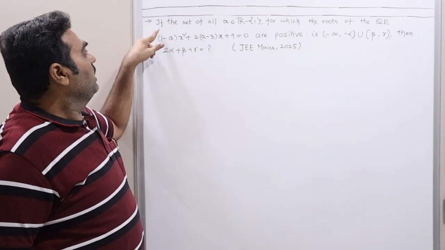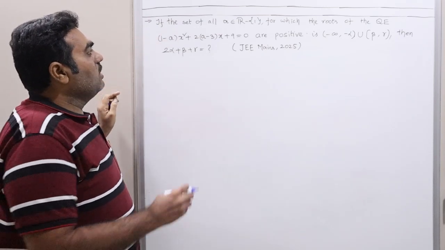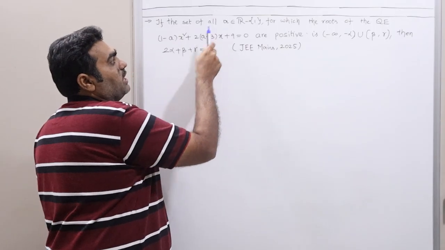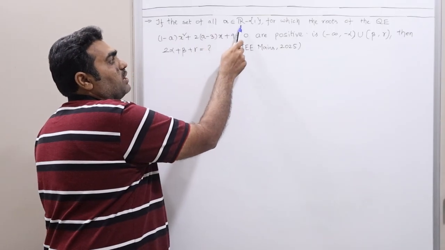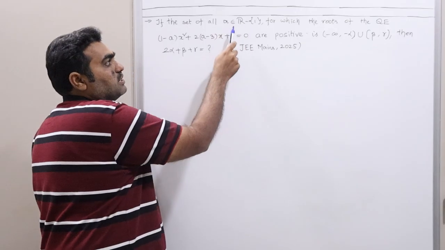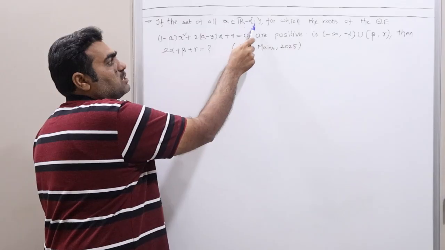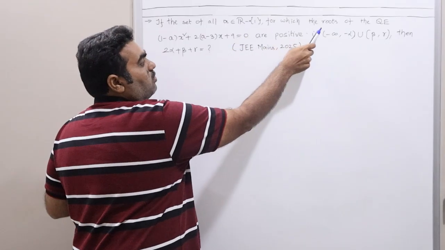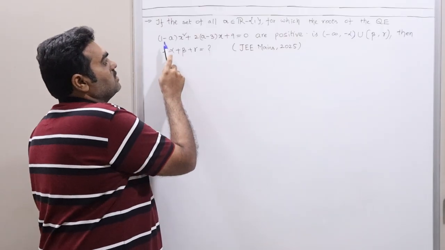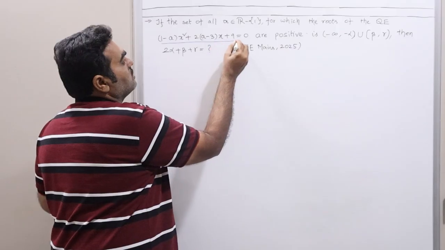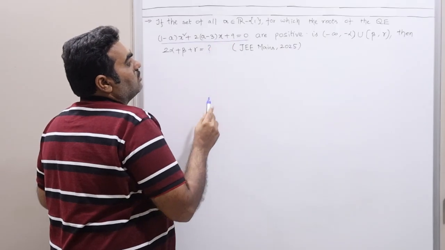Here you can see, the set of all constants A, the set of all A which belongs to R minus 1, which means the set of real numbers except 1, for which the roots of the given quadratic equation are positive.